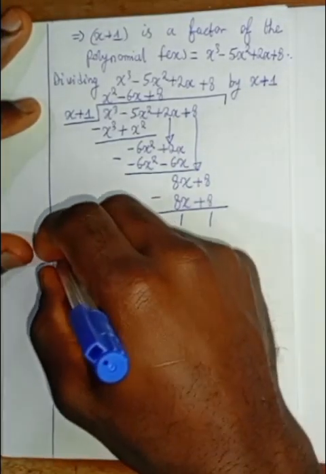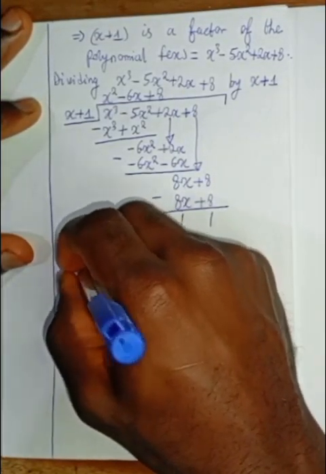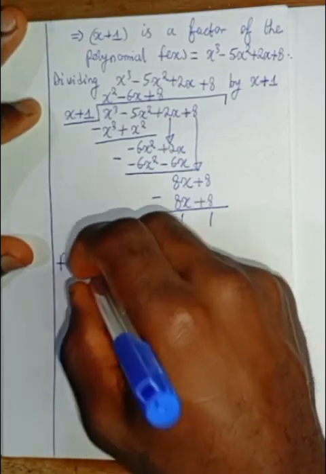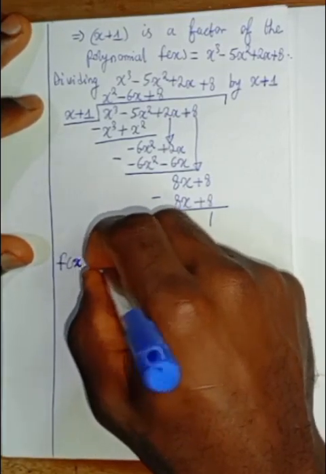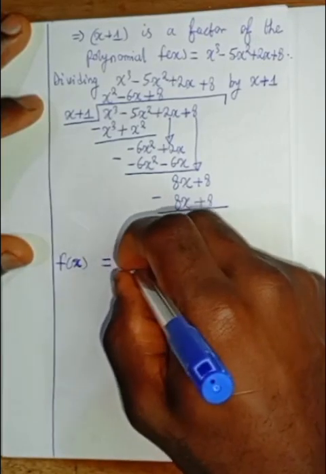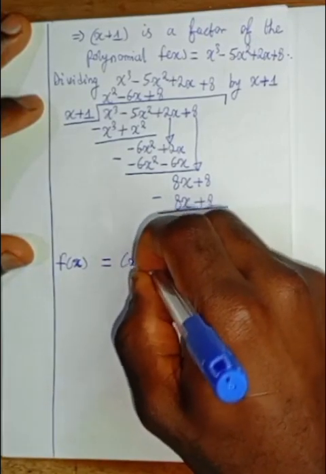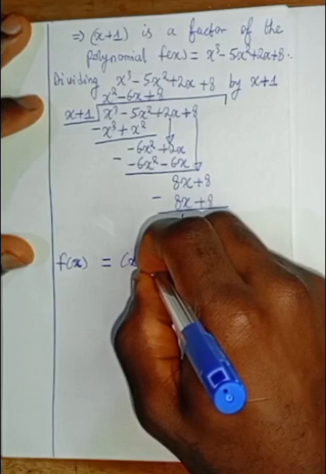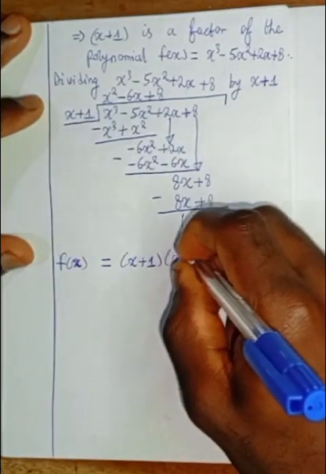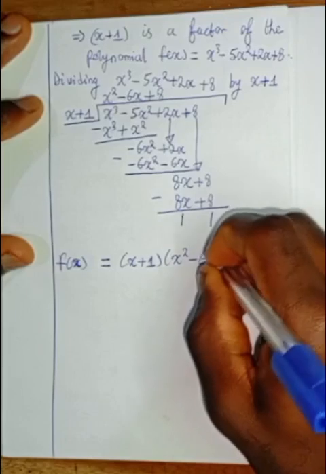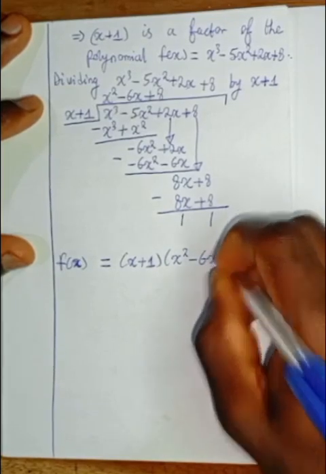It therefore means our polynomial f of x is the same as x plus 1, which is the divisor, a factor, times the quotient, which is x squared minus 6x plus 8.